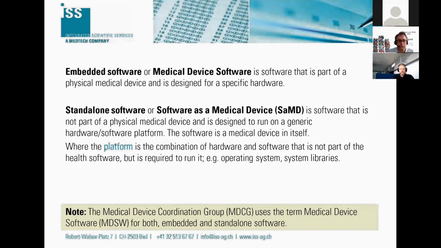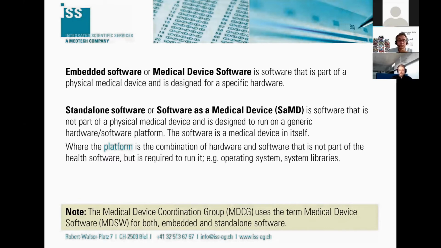So essentially, our software, medical software, can be divided into two major groups. We have embedded software, also known as medical device software. That is software that is part of a physical medical device. So it is designed for a specific device, it runs on a specific device, and it's not generally available outside of the device.